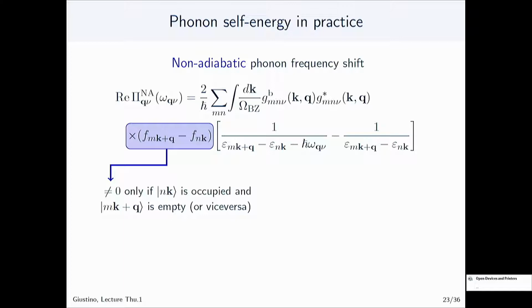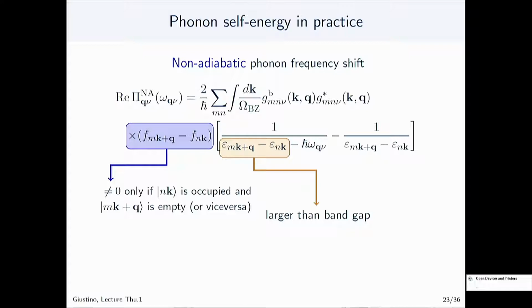That means that the energies here, which are the energy difference between these two states, have to be at least as large as the band gap, okay? Because one belongs to conduction and one to valence. So that's at least the band gap. So here I have essentially 1 divided by band gap minus phonon frequency minus 1 divided by band gap. So if the band gap, let's say, is 2 electron volts and the phonon frequency is 10 millielectron volts, this is going to be, if I do a Taylor expansion, roughly 1 over 2 electron volts times 10 millielectron volts divided by 2 electron volts.